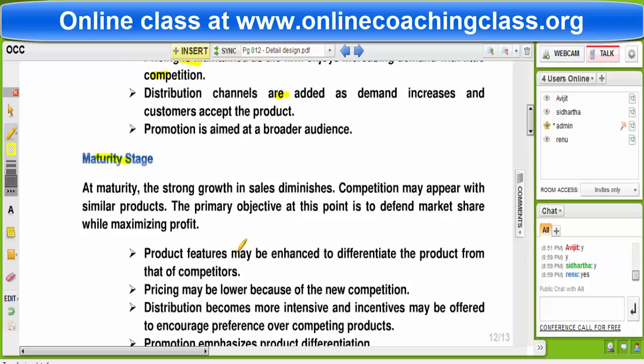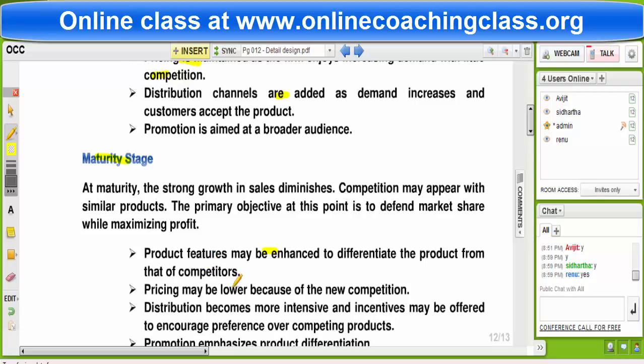The primary objective at this point is to defend market share while maximum profit is earned. Okay, product features may be enhanced to differentiate the product from the other competitors. You have only one option: when the same features are available in the market, you have to introduce more features to differentiate from other competitors.